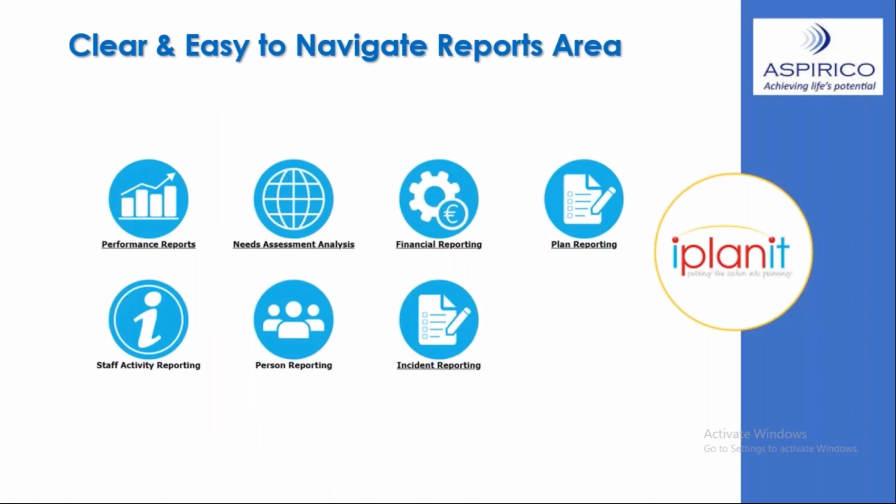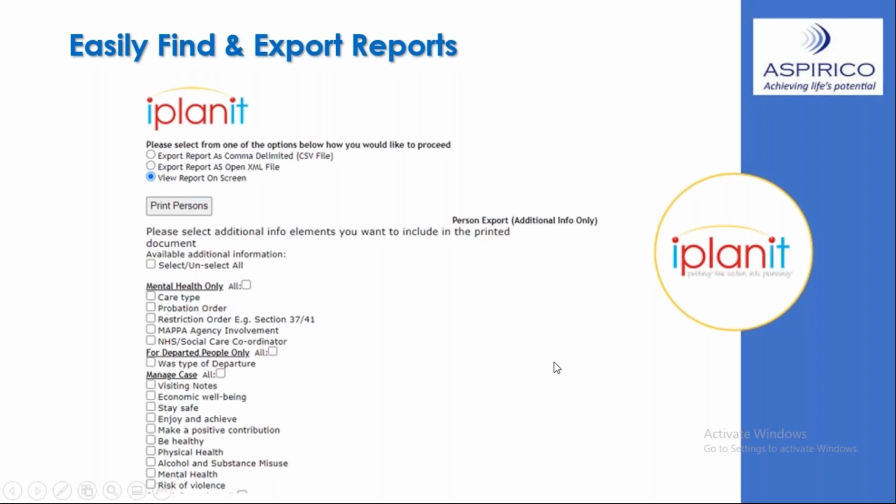This slide shows a screenshot of iPlanit's report area. As you can see, it's very clear, with nice clear tabs and very easy to navigate. Here I've also done a screenshot of an area which is part of a person's profile, and you can see the different fields of a person's profile here.